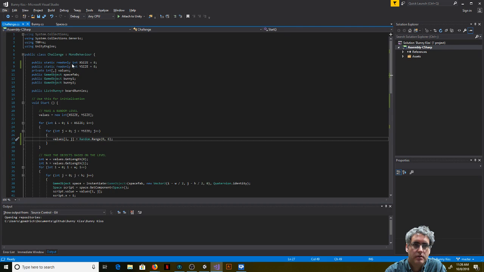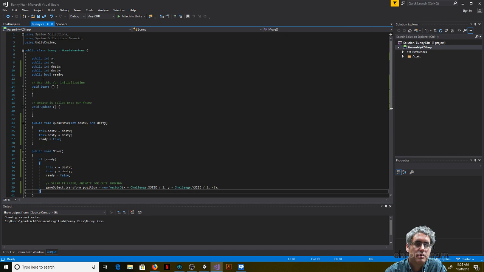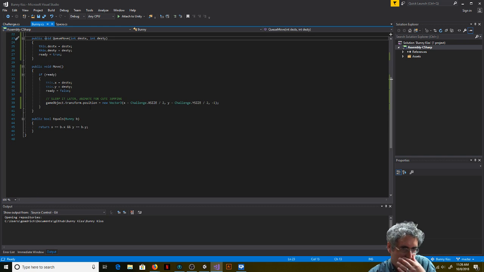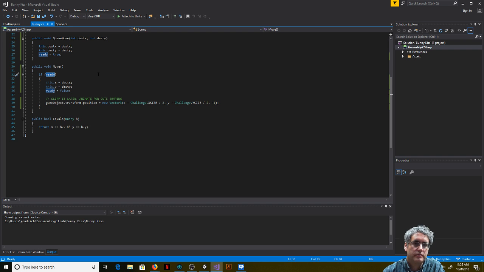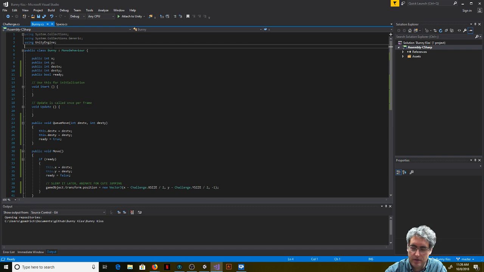We're going to have to do that here in our code. And this two-stage movement is going to make it a little easier. We said, hey, queue up this move. You're ready. And when somebody says move, I'm really going to change your state to an enum.